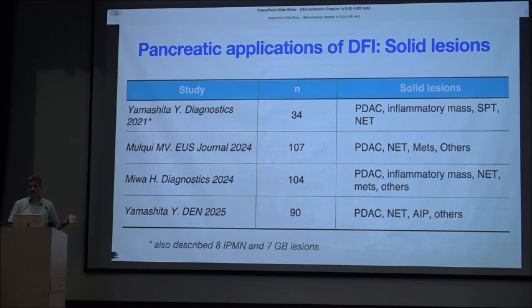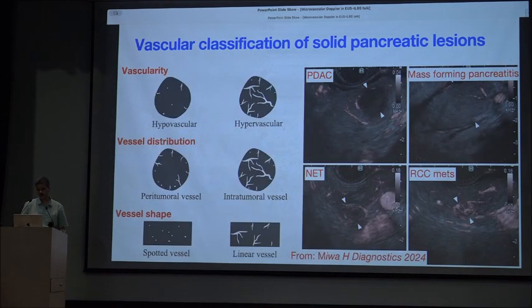Now, this tabulation is just to show you that there are very limited applications, or very few studies, on the pancreatic applications. In general, this study by Miwa from Yokohama shows that if you have a pancreatic SOL, you can classify it as hypervascular, peritumoral vessels, intratumoral vessels, spotted vessels, and linear vessels.